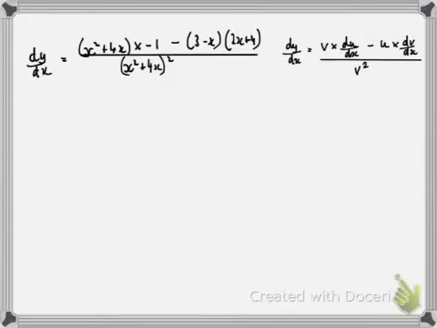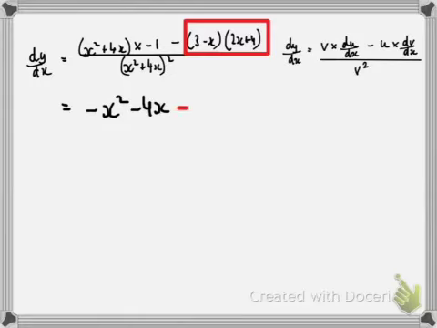Okay, time to tidy things up here. First of all, we're going to look at this section here, x squared plus 4x times negative 1, and that's going to be negative x squared minus 4x. Now we've got to remove these brackets, and we're going to leave the negative where it is and remove these brackets.